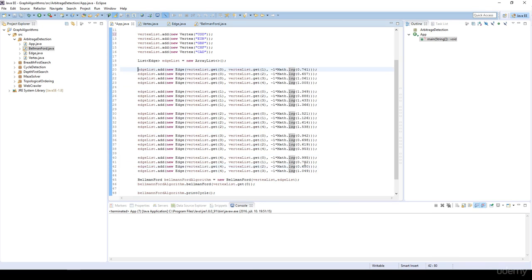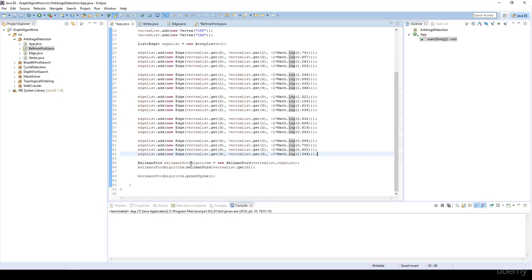So with this not too smart code, I created the graph and constructed the edges and the vertices, and we just have to run the Bellman-Ford algorithm on this graph. And if there's a negative cycle, it means that there is an arbitrage situation. What does it mean? That we are able to make riskless money.